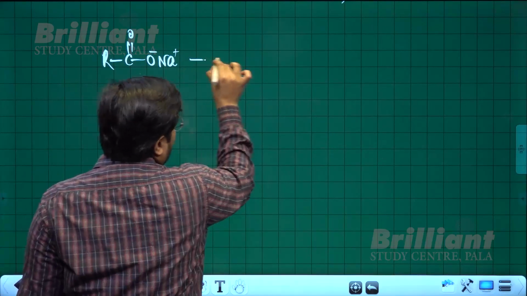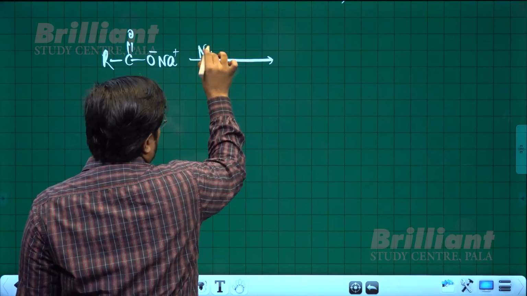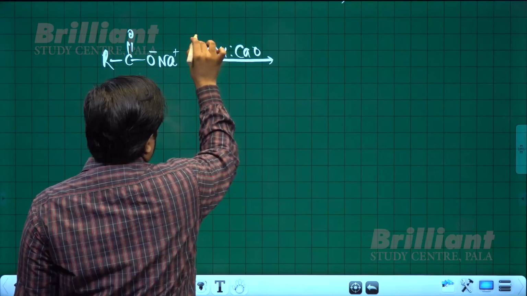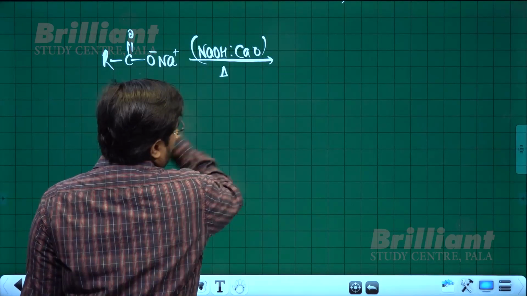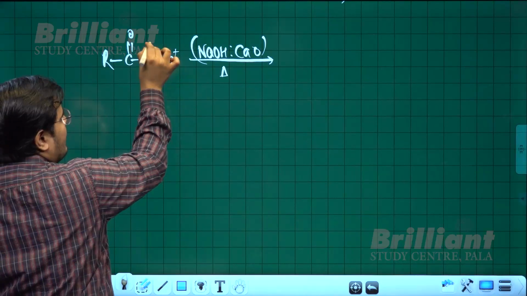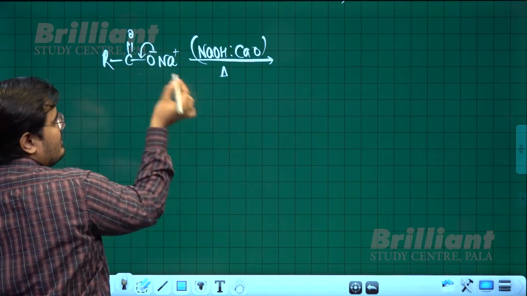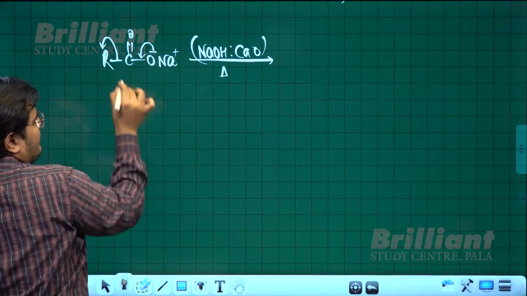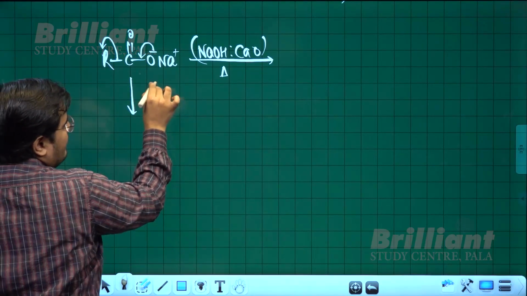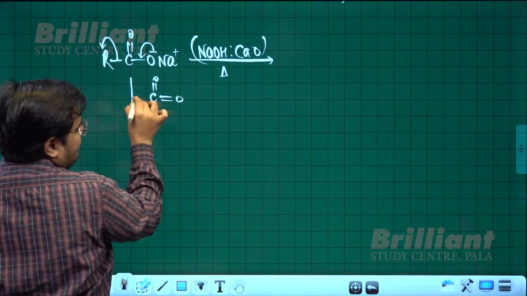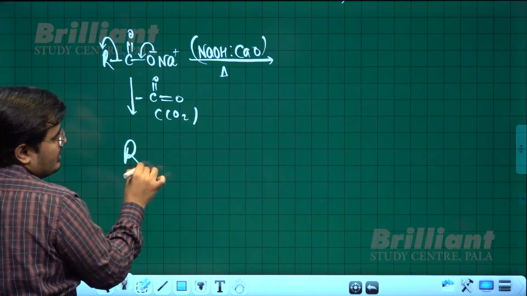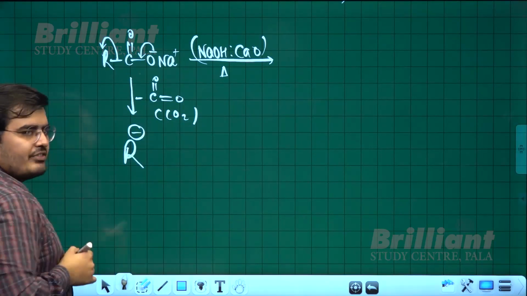When you treat it with this NaOH and calcium oxide mixture and you heat it, it undergoes decarboxylation, which you can represent like this. A double bond forms between carbon and oxygen, so this leaves as CO2, and it leads to the formation of R carrying a negative charge.